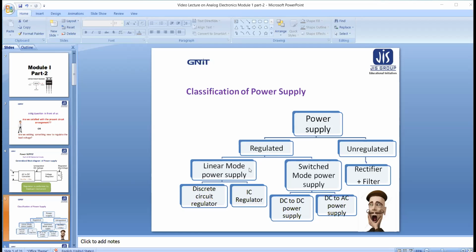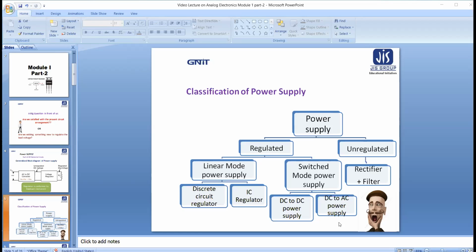The linear mode power supply is further divided into two segments. One is the discrete circuit regulator and the second one is the IC regulator. Whereas the switch mode power supply is divided into two subgroups. One is DC to DC power supply, another one is DC to AC power supply.